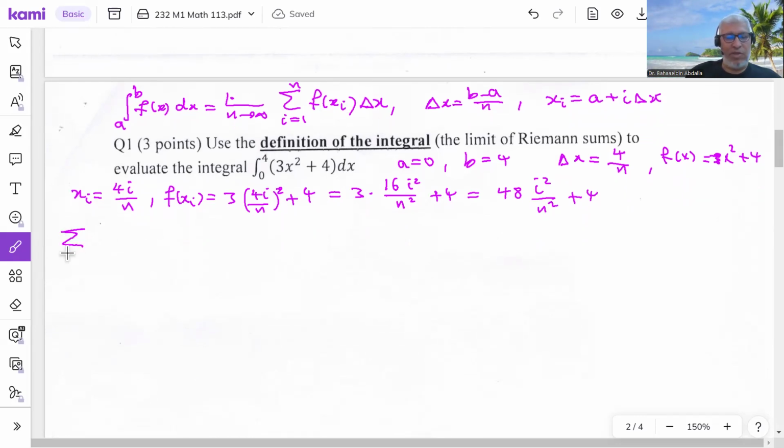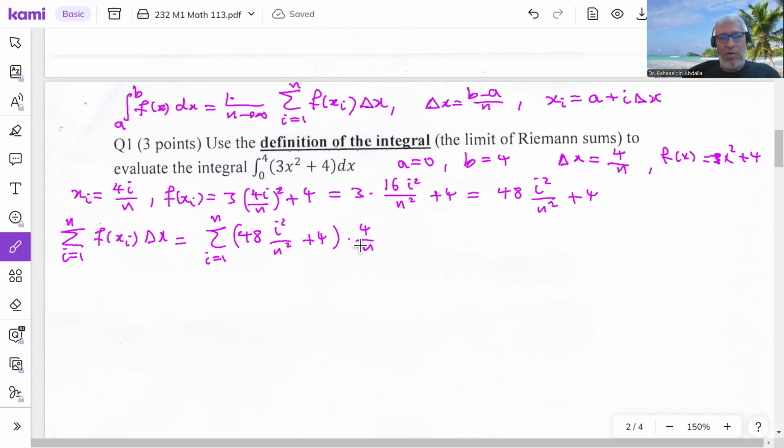The summation i from 1 to n of f of xi delta x would be equal to the summation i from 1 to n of 48 i squared over n squared plus 4. I need parentheses because there is an addition of two terms, times delta x. What is delta x? 4 over n. There is no i in 4 over n, so it's a constant, and you can take it outside the summation if you like.